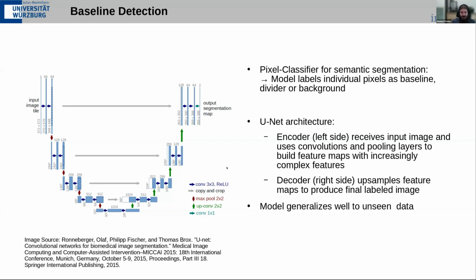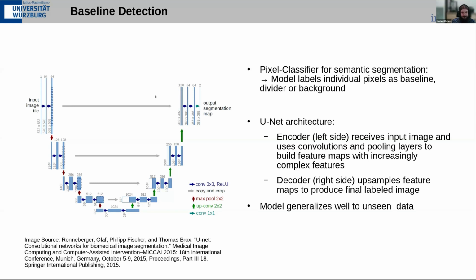The model is comprised of two main parts: the encoder on the left side, which takes the input image of the document as an input, and then applies convolutional layers and pooling layers to it. As we go deeper into the model, we build feature maps at each individual layer, and these feature maps learn to recognize increasingly complex features as we go down in the model.